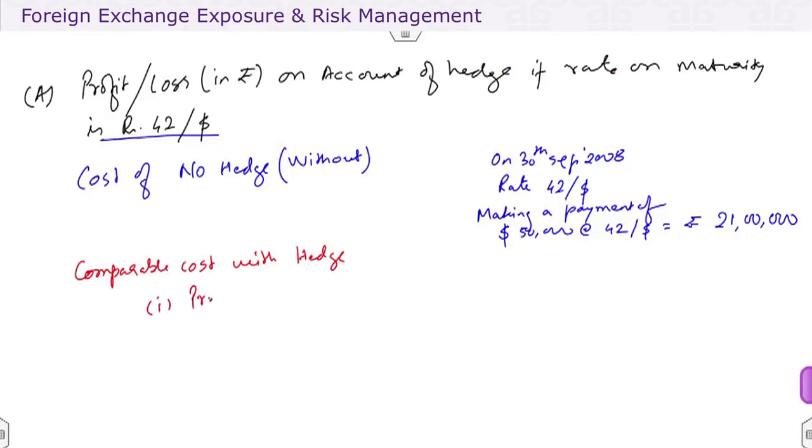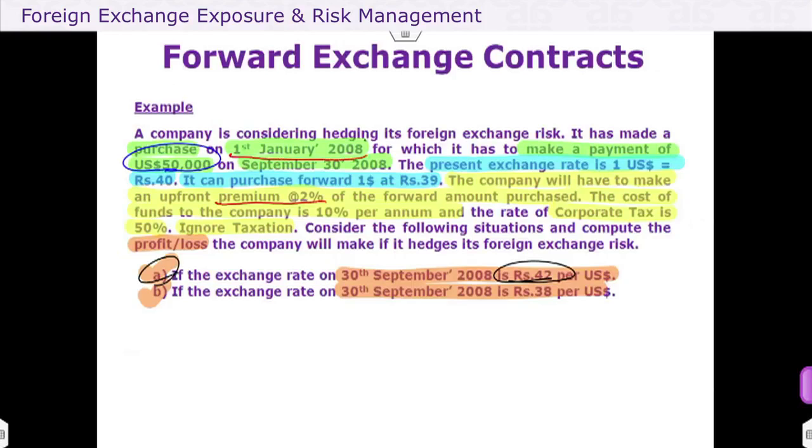You make an upfront premium at 2% of $50,000, so that becomes $1,000. Now this is at the spot rate prevailing when you are entering into a forward contract, which is 1st of January 2008.